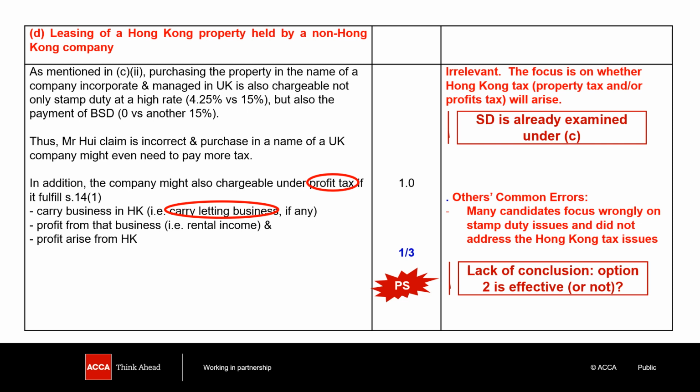So if you are taking the exam for June 2023 and onwards, be careful that if you state the conclusion as to whether you think option 2 is effective or not based on your analysis, you will be able to gain some professional marks.